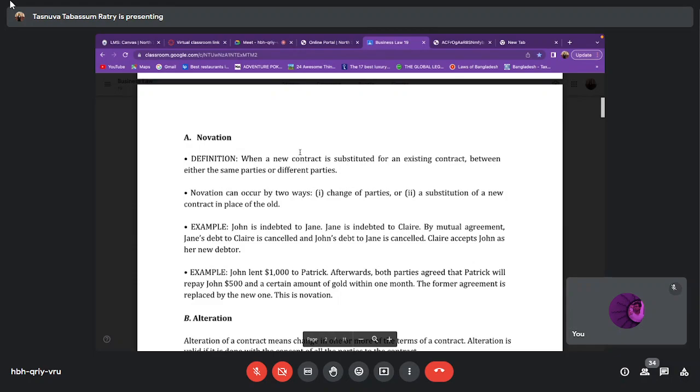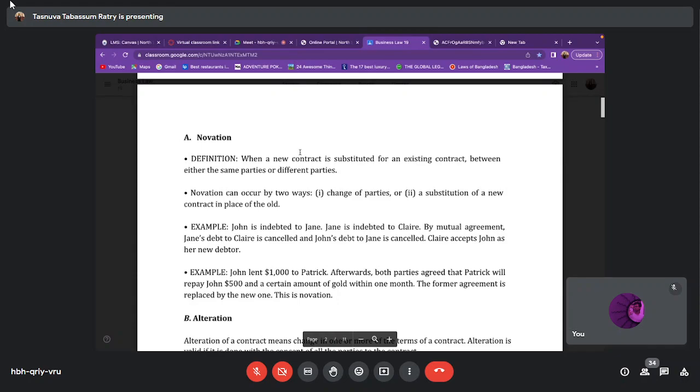Say there are two parties in a contract, a loan agreement. John has taken money from Jane. As a result, a loan agreement has been created between John and Jane. Similarly, Jane has also taken money from Claire. So John is indebted to Jane, so John needs to pay Jane.